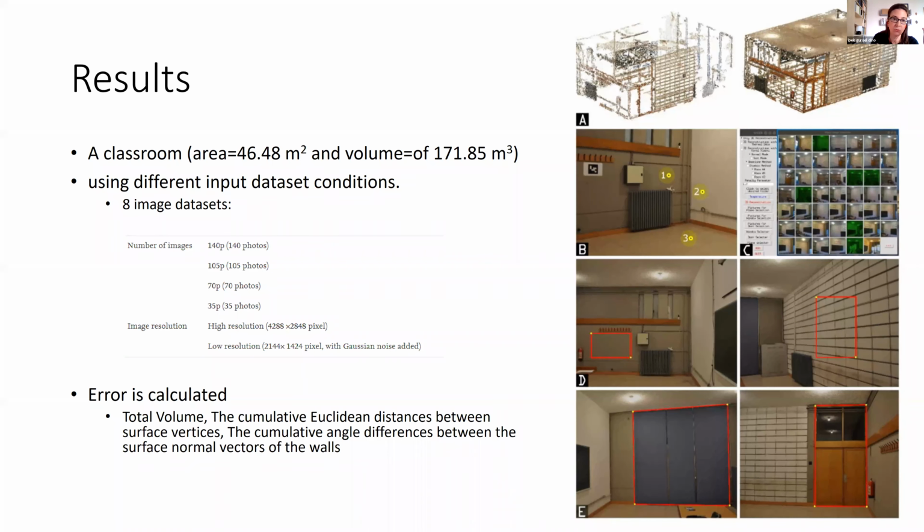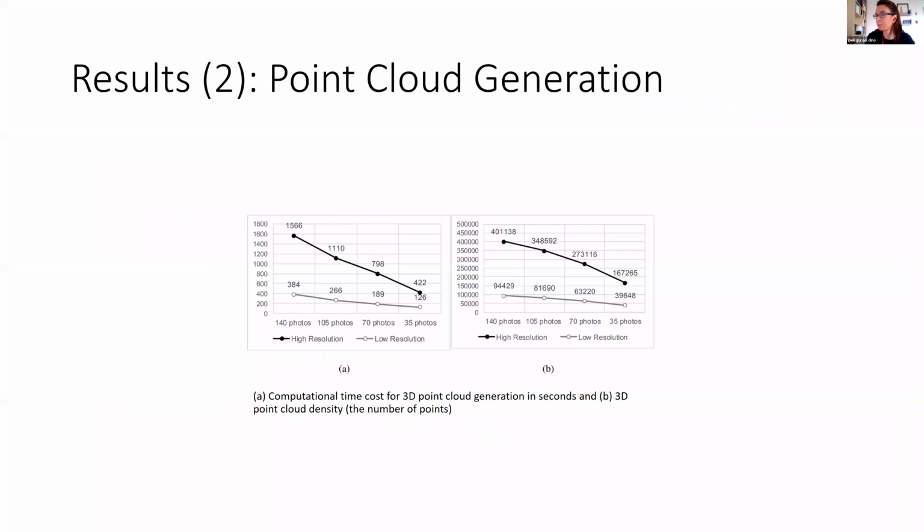So high resolution and low resolution data sets were used, resulting in 8 different data sets. And we calculate errors related to the total volume of the room, cumulative Euclidean distances between surface vertices, and the cumulative angle differences between surface normal vectors of the walls.